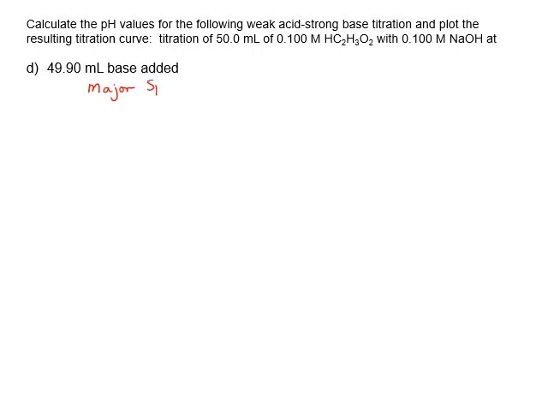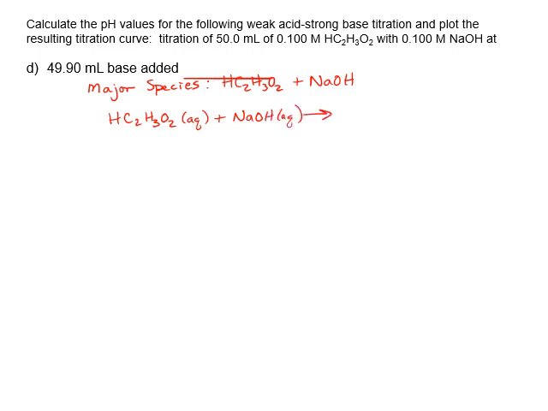We still have major species of the acetic acid that we're starting with, and the sodium hydroxide that we're adding. These two components will react with each other in a reaction that'll go to completion to form water and sodium acetate.